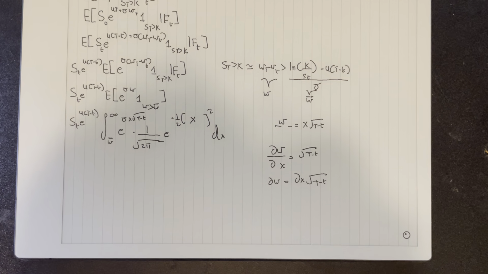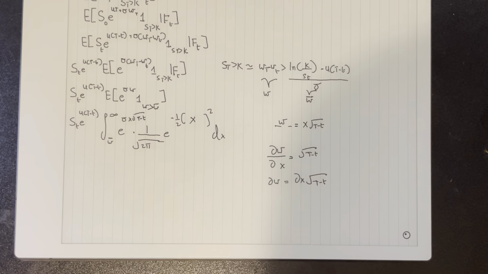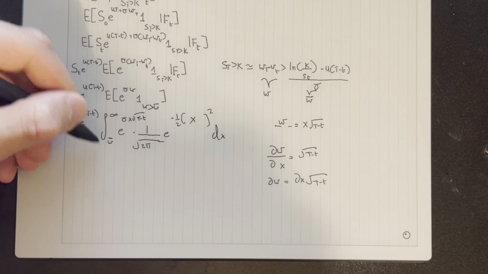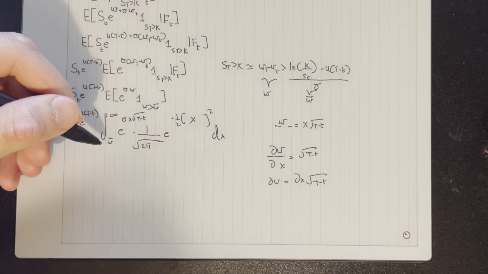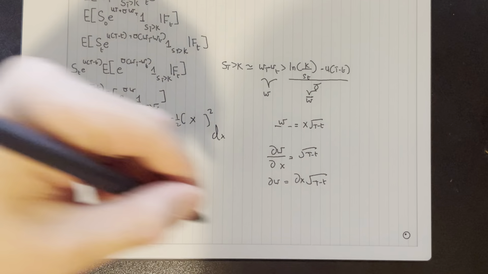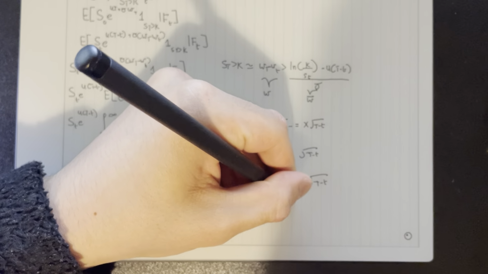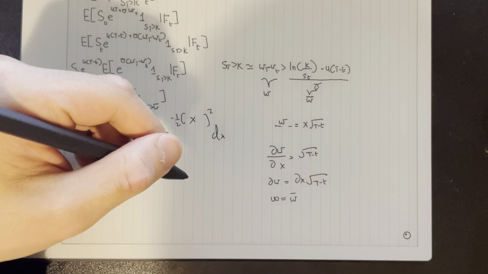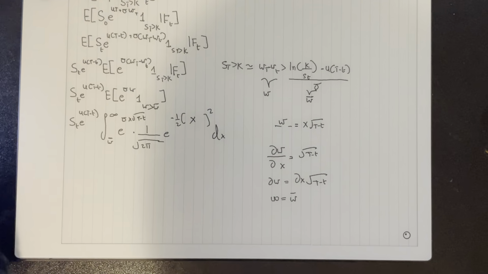One very important thing to not forget is that the bounds of the distribution will change as well, since we have standardized the Brownian motion. So we set that W is equal to W bar to be the starting point. So let me write that down. However, now we are dealing with x.